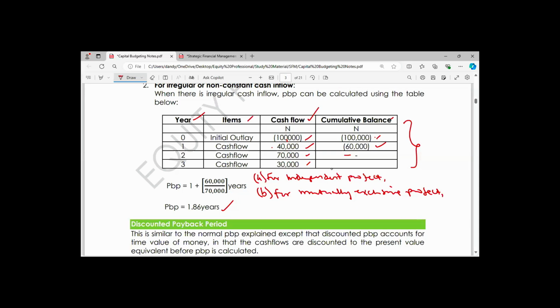However, a mutually exclusive project is a competing project in which the acceptance of one will preclude the acceptance of the other. For example, if projects X and Y are mutually exclusive, if project X is accepted, project Y must be rejected, and vice versa. We discussed it last time. So move on from here.